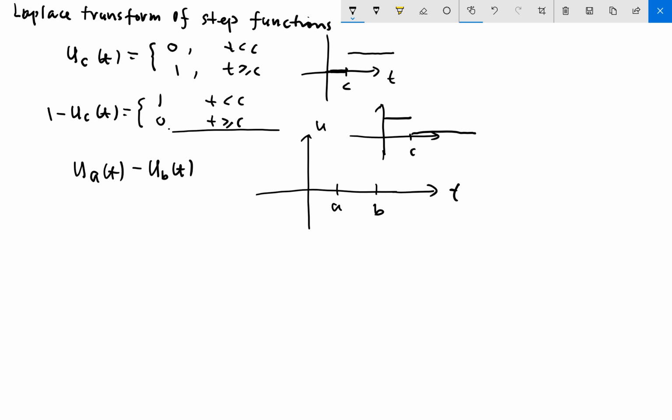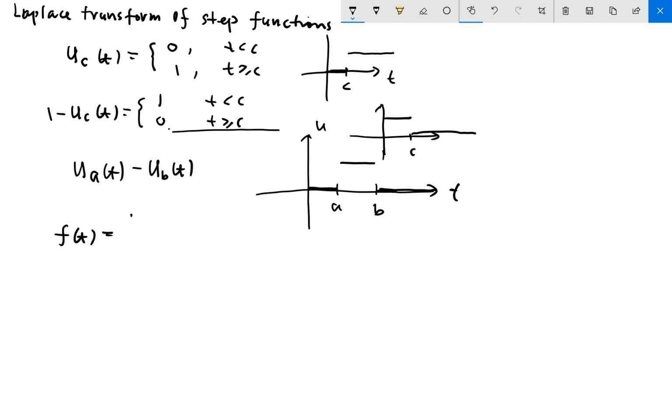For t less than a, both functions are 0, so you have 0 minus 0 is 0. For t bigger than a, u_a(t) is 1 and u_b(t) is 0, so 1 minus 0 equals 1. For t bigger than b, both functions are 1, so 1 minus 1 is 0.